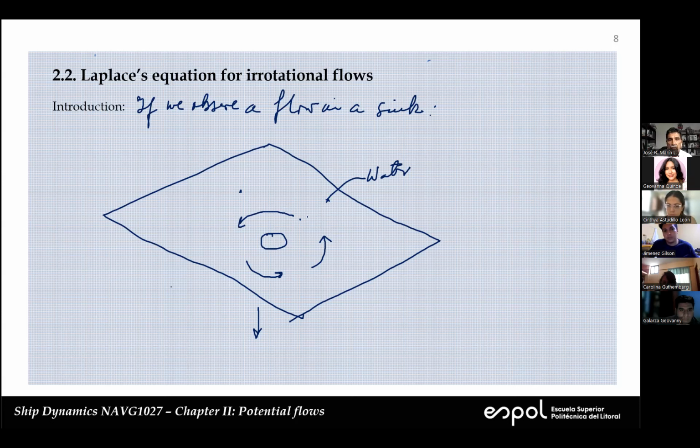Now, if you pay attention to regions close to the edges of the sink, you can put something like a floating cross, right? And this floating cross starts moving because the whole portion of water is moving.